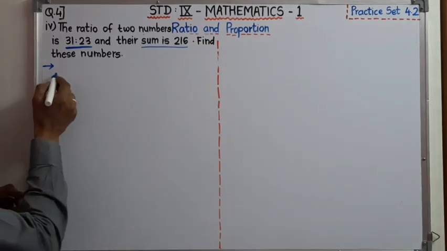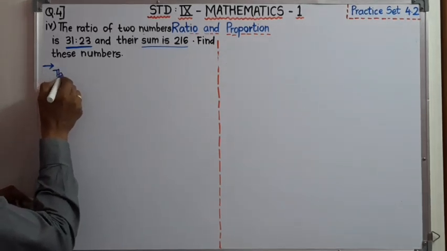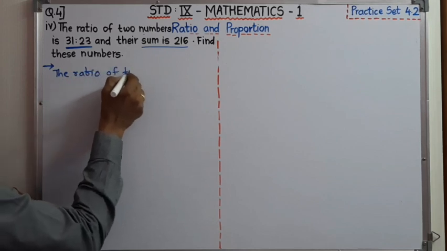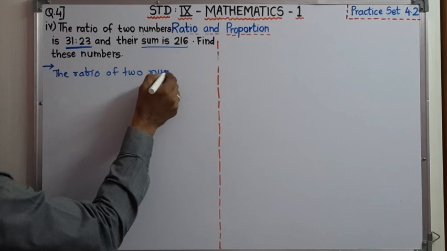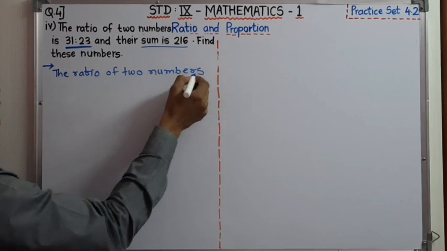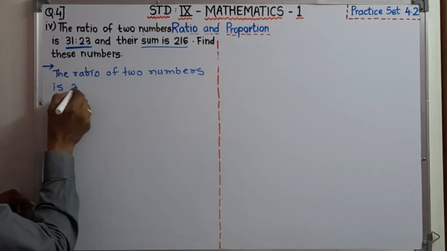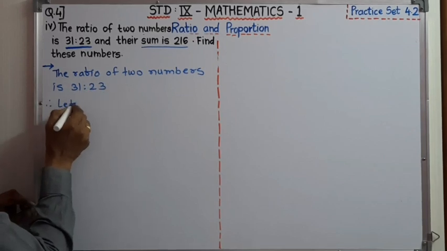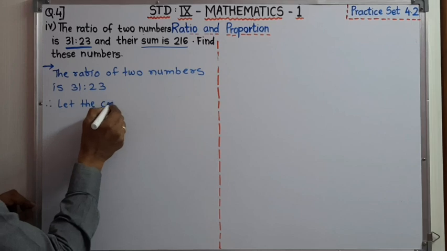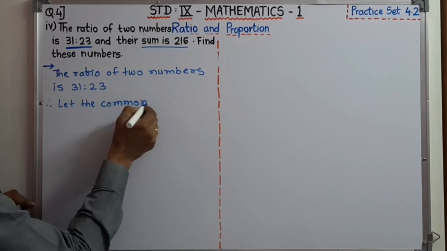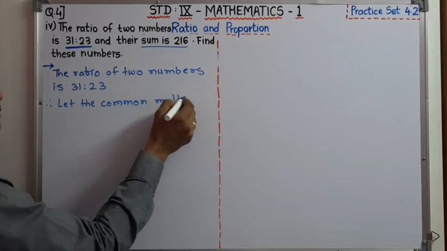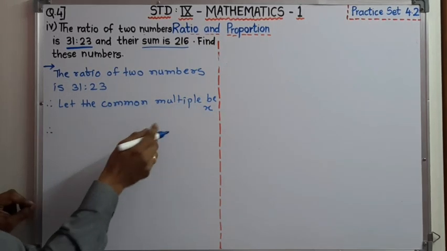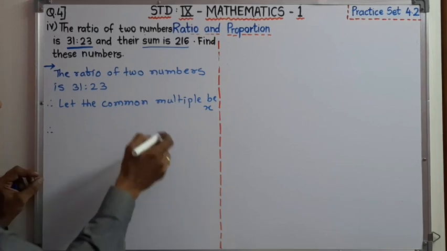Therefore directly we can write here the ratio of two numbers is 31:23. Therefore let the common multiple be x. We can take any variable x, y, z, anything.